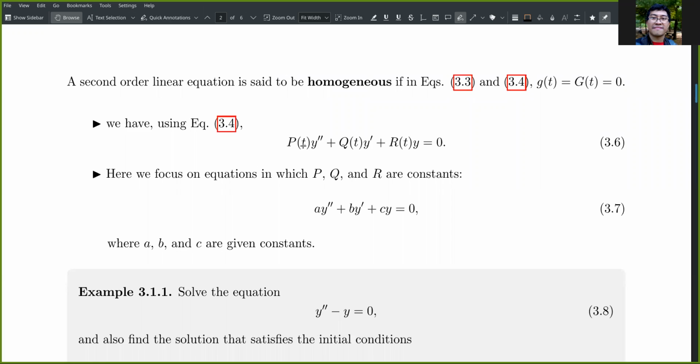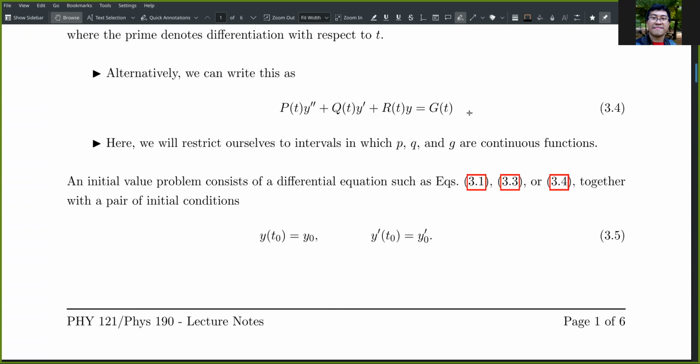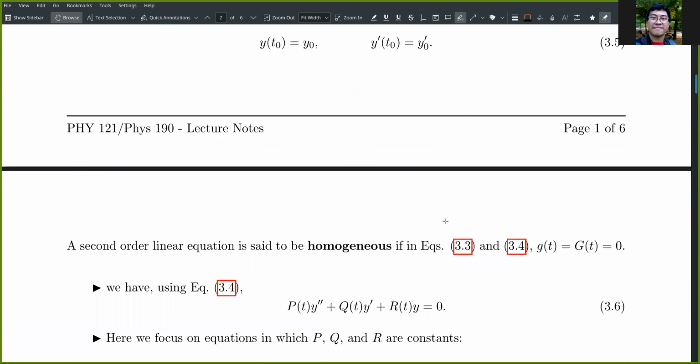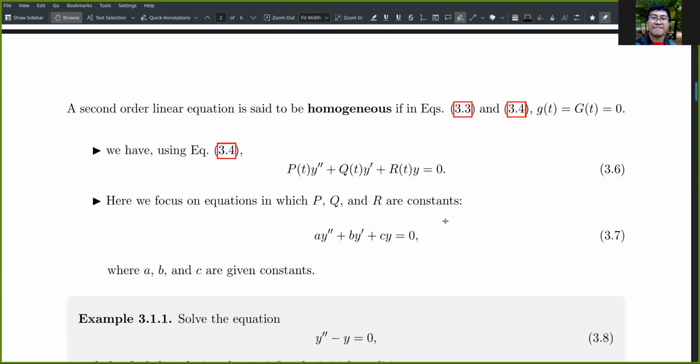A second order linear equation is said to be homogeneous if our expressions here, 3.3 and 3.4, have g, small letter g and capital letter G, equal to 0.